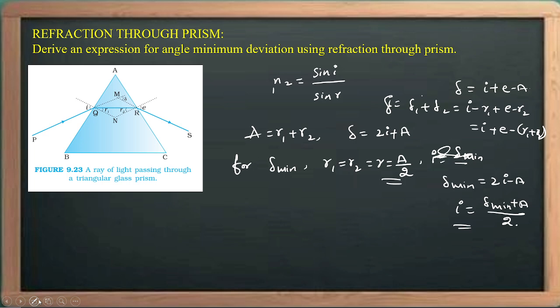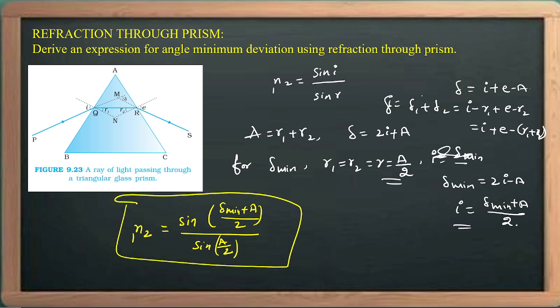Therefore we write the final formula like this: N21 is equal to sin of (delta minimum plus A divided by 2) divided by sin of (A divided by 2). This is the actual formula.